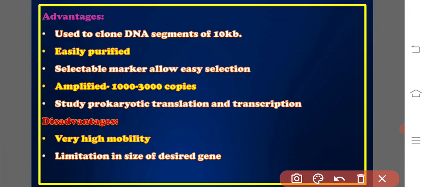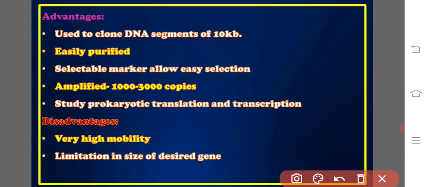Apart from the advantages, it is used to clone DNA segments of about 10 kilo base pairs, 10 kb. It is easily purified, selectable markers allow easy selection, it is amplified to about 1000 to 3000 copies, and it is used to study the prokaryotic translation and transcription process in the prokaryotes.